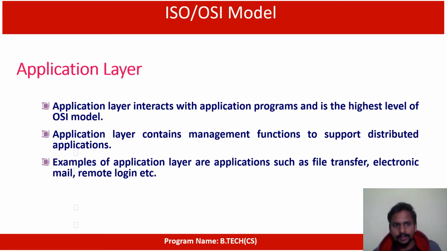The next one is the application layer. So you see here, this is the first layer. Okay, that means from the top I'm telling; from the bottom, the first layer is the physical layer, but from the top, the application layer is the first layer. Okay, so here we are using the user interfaces. Why is it a user interface?